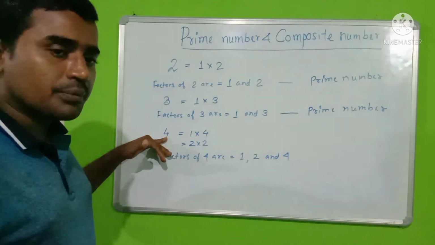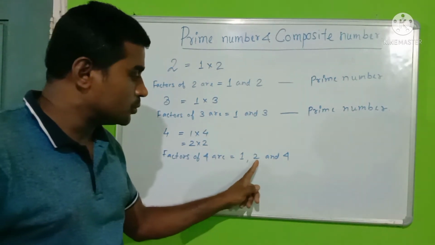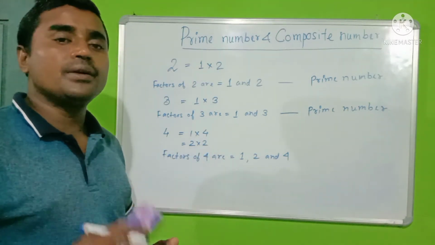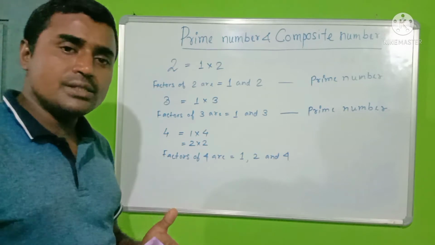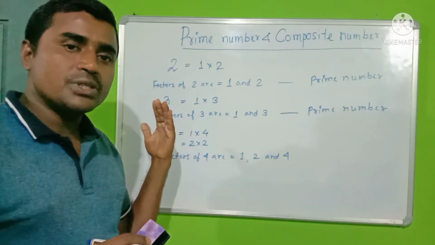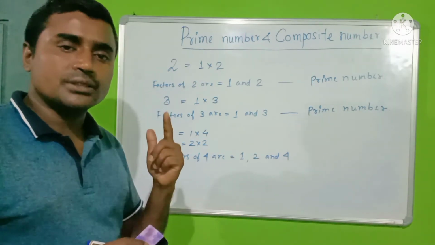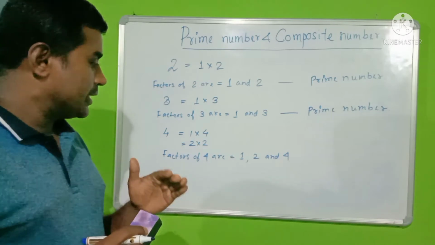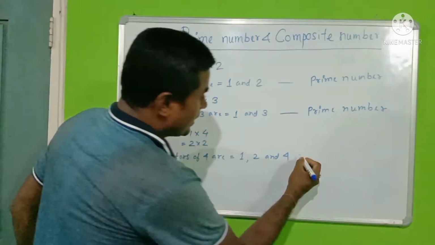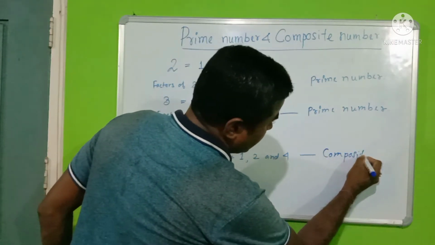Finding all factors of 4, we get 1, 2 and 4. It means 4 has more than 2 factors. So, by the definition of composite number, the numbers which have more than 2 factors are called composite numbers. So, 4 is a composite number.